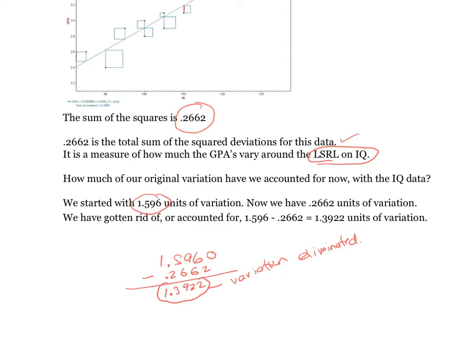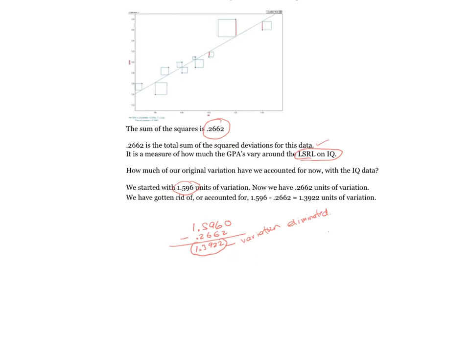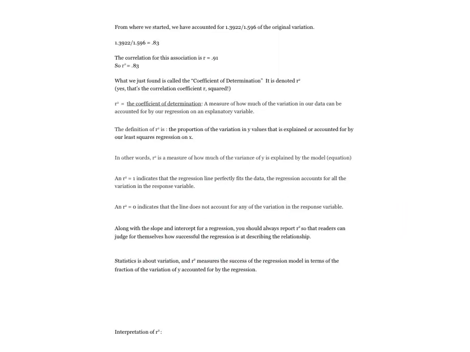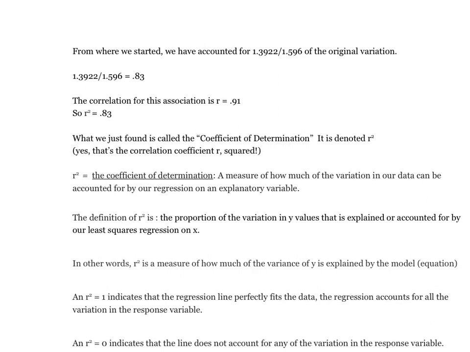And now this is the cool part. This variation eliminated divided by how much variation we had originally, that is R squared. Now, so from where we started, we have accounted for this much of the variation, which is 0.83.